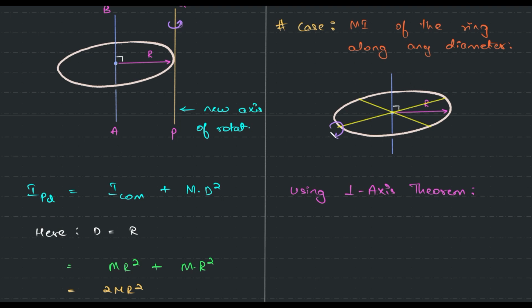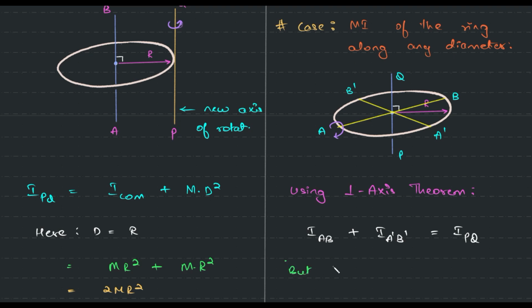If I name this as AB, this as PQ, and this as A dash B dash, the perpendicular axis theorem tells that if I figure out the inertia along AB and add that to A dash B dash, this should give us the moment of inertia along PQ.